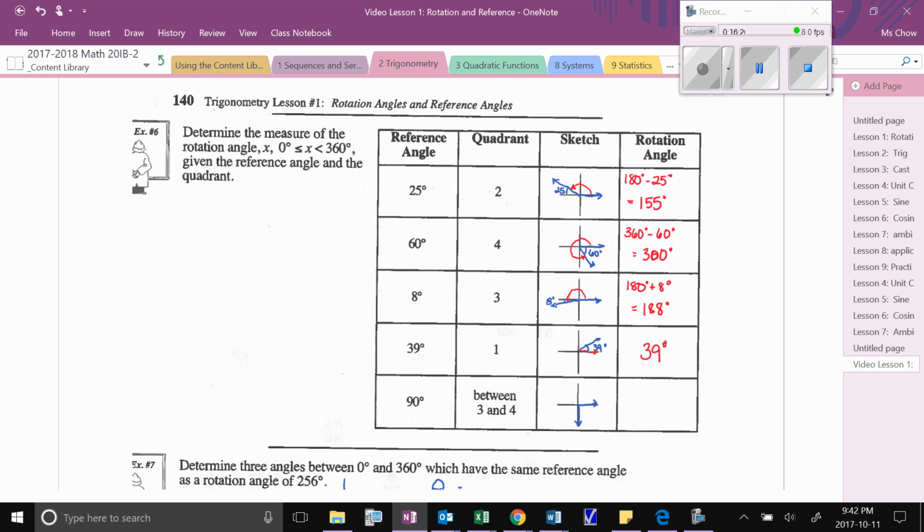In this particular case, we are between quadrants 3 and 4. The reference angle is 90 degrees because you're 90 degrees from the positive x-axis and also 90 degrees from the negative x-axis, but we're still starting with our initial arm and going in a counterclockwise direction. So we've done a rotation angle of 270 degrees.